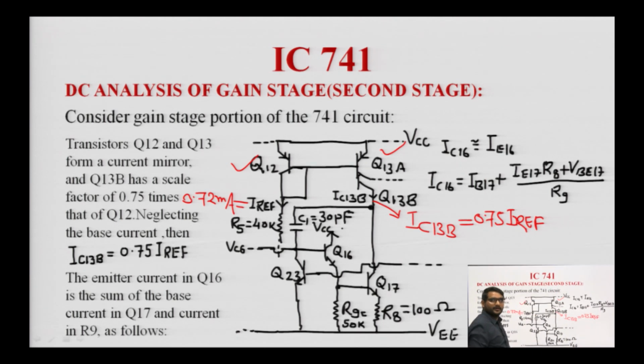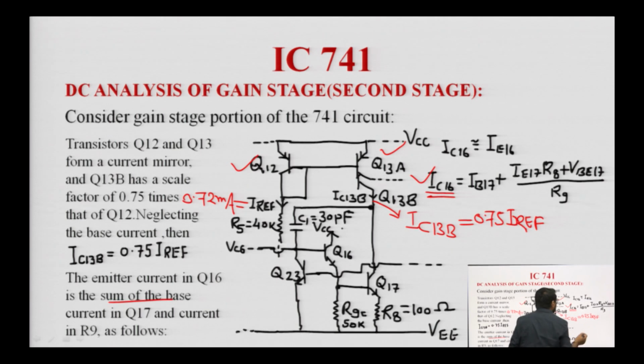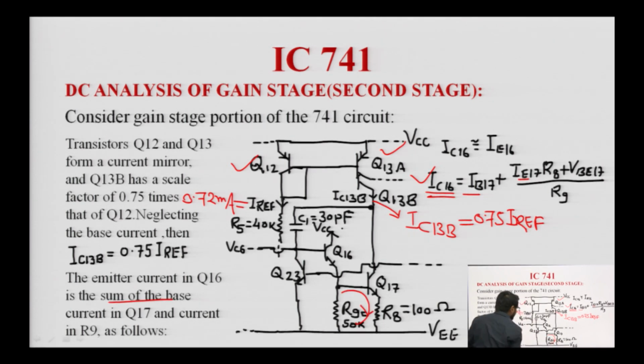So we get the emitter current in Q16 as the sum of the base current, and for Q16 we follow the same equation, then we find the collector current of the transistor Q16, and this equation follows from applying KVL in this loop. Okay, we get this equation.